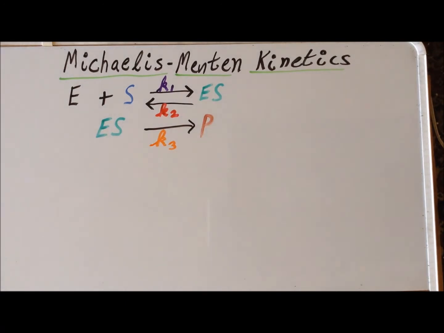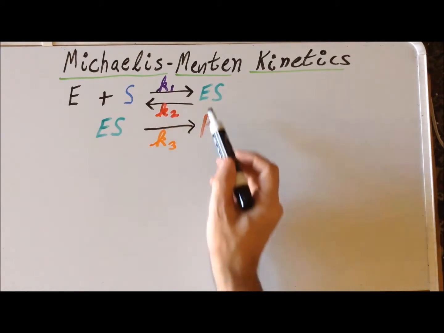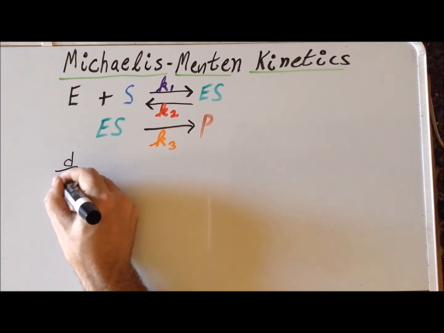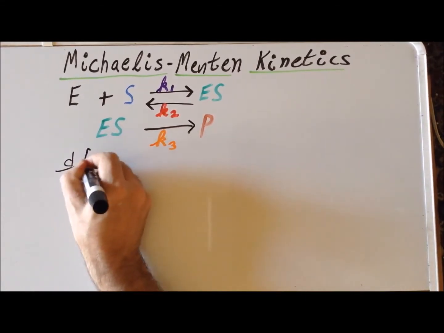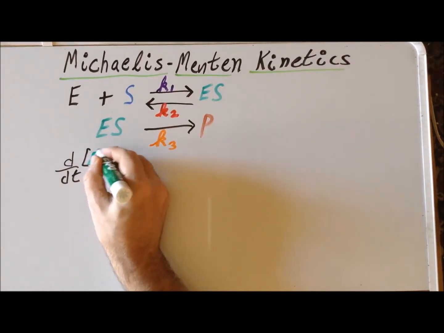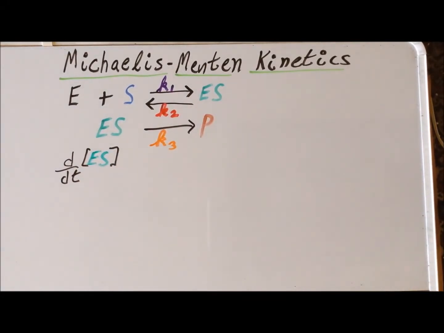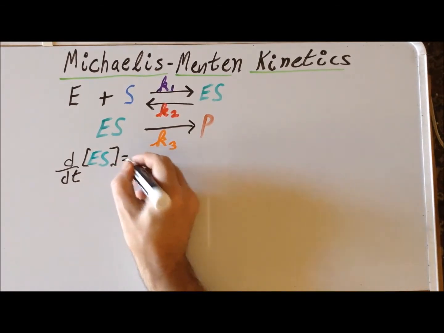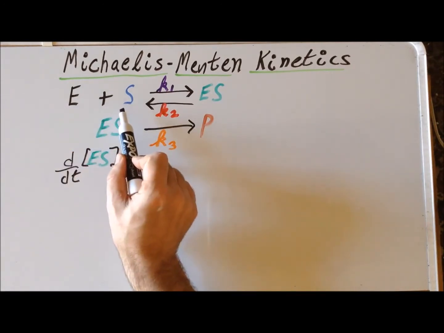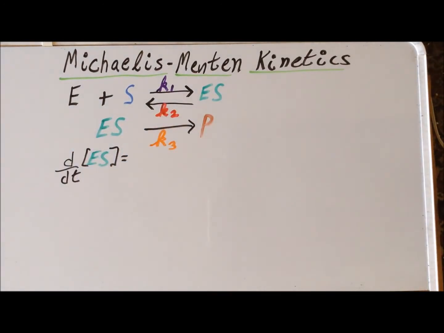We would like to develop expressions for the rate of change in the concentration of this enzyme-substrate complex. So we have the change in the concentration as a function of time for our enzyme-substrate complex, ES. Notice that we have one way to form ES. The enzyme plus the substrate come together with the rate constant K1.